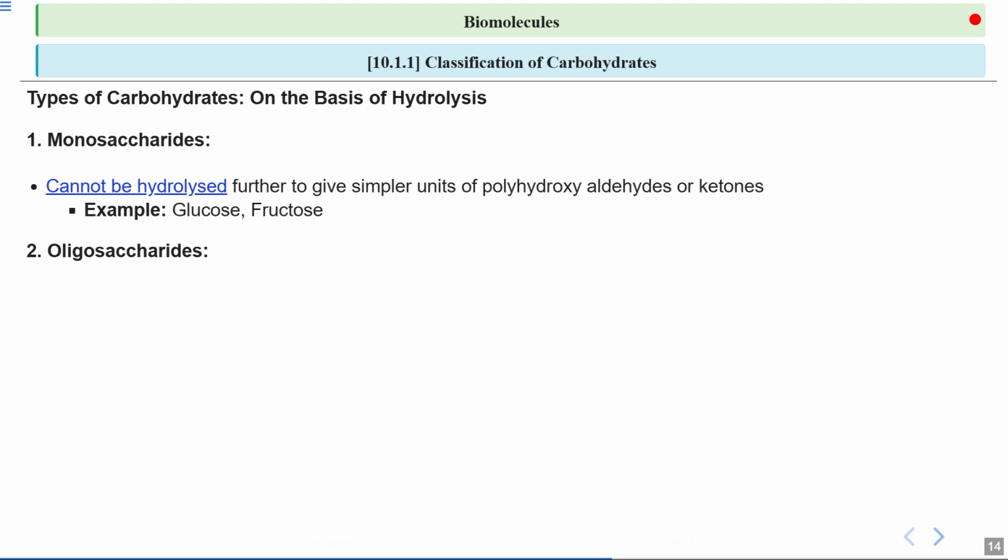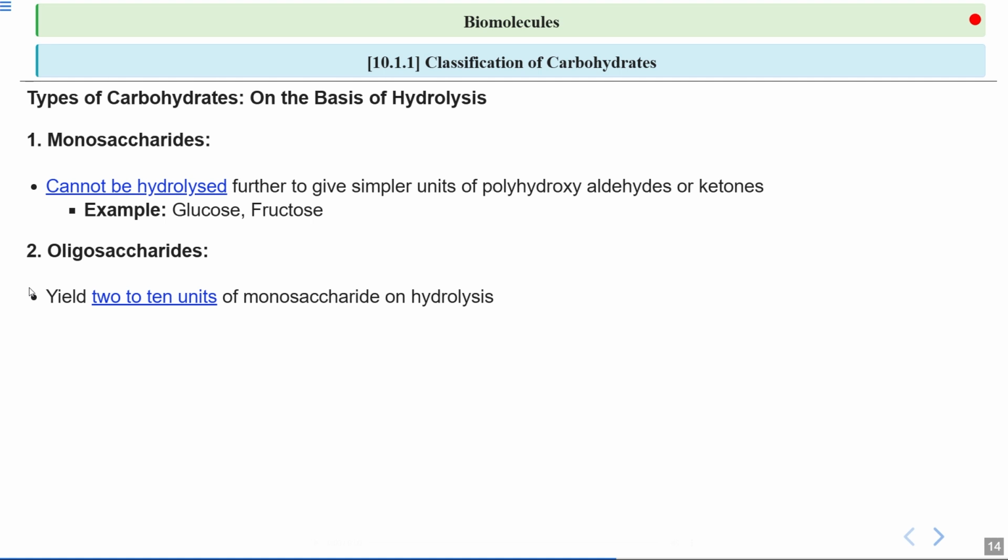Next, we'll talk about oligosaccharides. Oligo here means few. These carbohydrates are made up of a smaller number of monosaccharide units that are linked together. Oligosaccharides can be hydrolyzed to yield between 2 and 10 monosaccharide units.